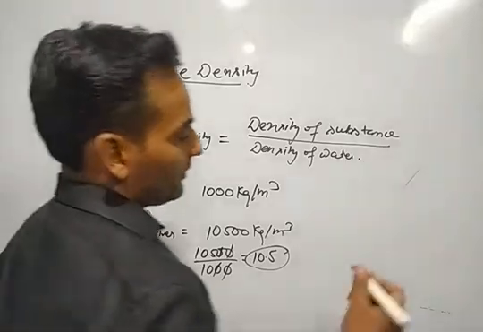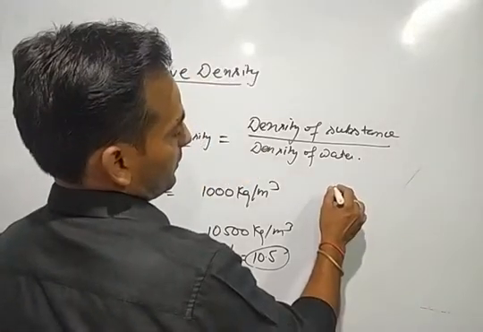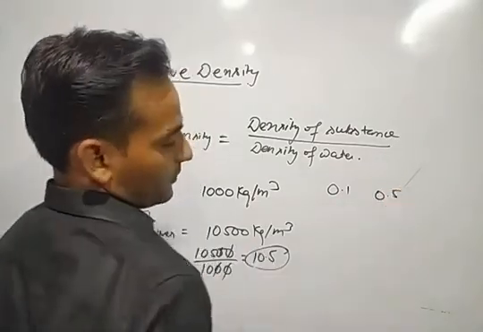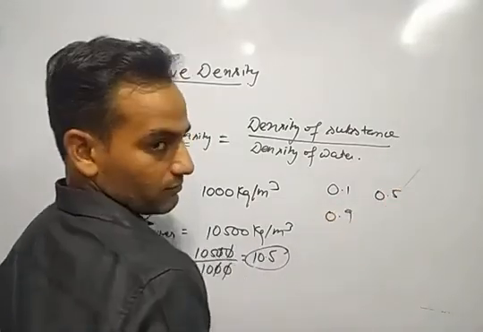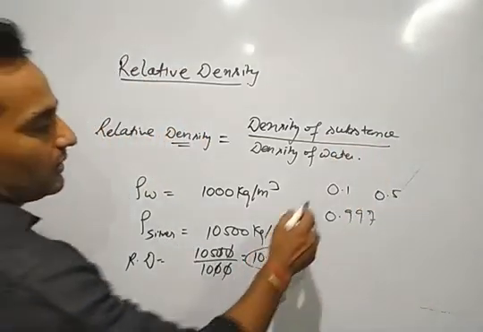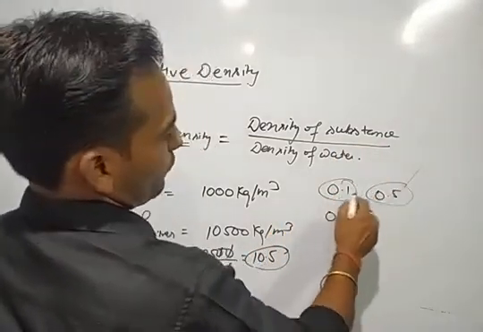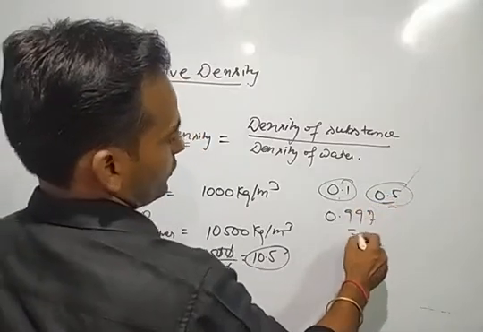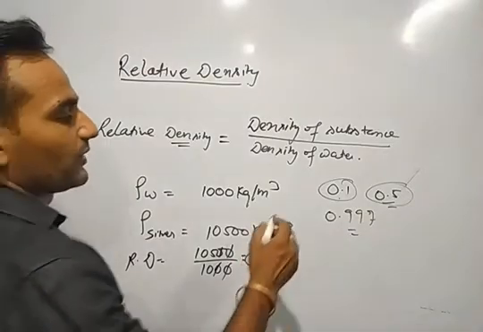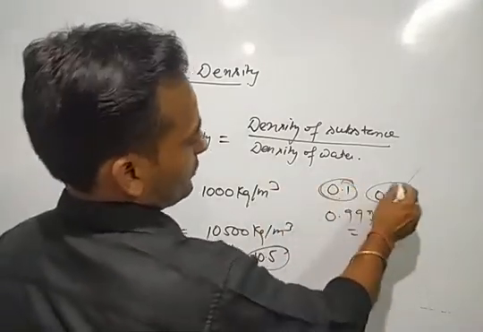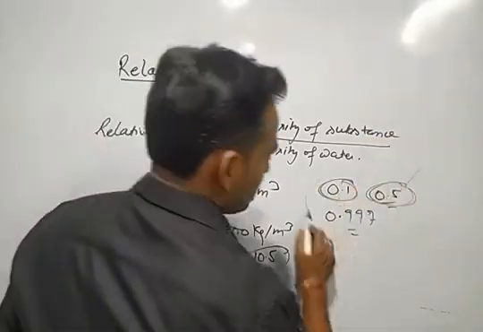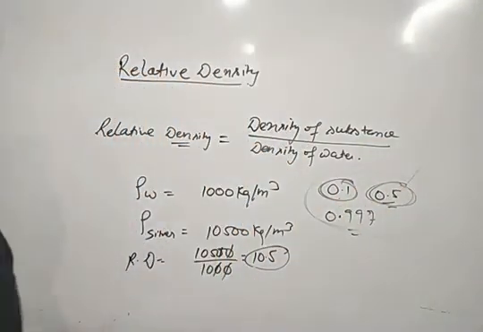If we assume that the relative density of any object is 0.1, 0.5 or 0.997, something like that, then these objects will never sink inside the water.